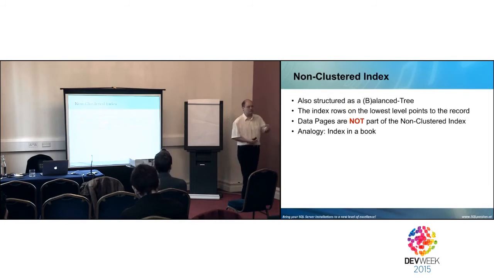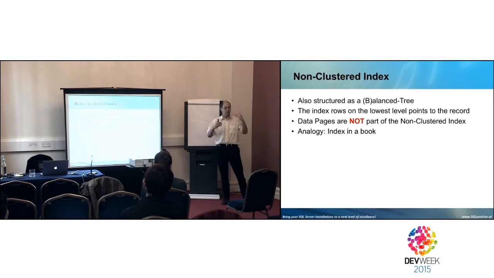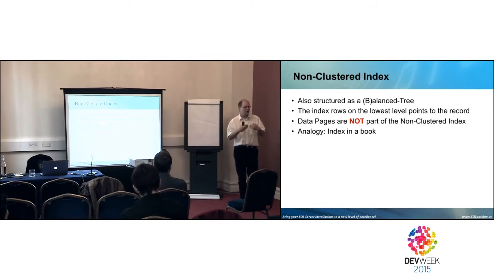Imagine we have a table with columns A, B, and C. We have on column A our primary key constraint defined, and on column C, like country, we want to create an additional index. Imagine we have queries where we want to know all our customers from the United Kingdom, or all our customers from Austria. Then in that case, a non-clustered index on that column country will improve the performance of such queries.